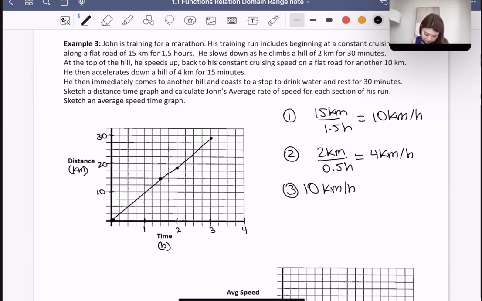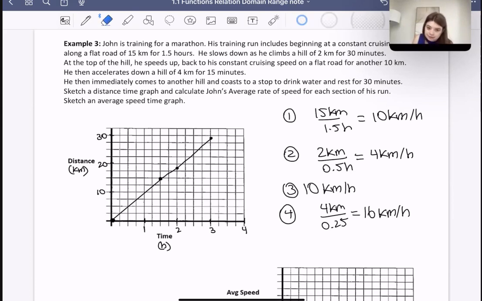Then he accelerates down the hill 4 kilometers for 15 minutes. That means he's going another 4 kilometers in 15 minutes, so that's going to be at a rate of 16 kilometers per hour. He's speeding up for just 15 minutes.